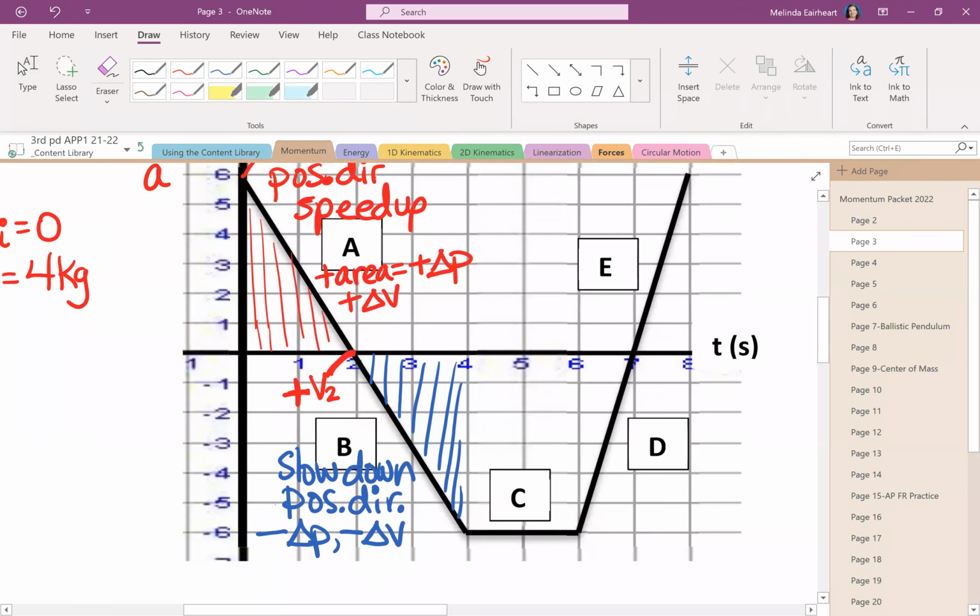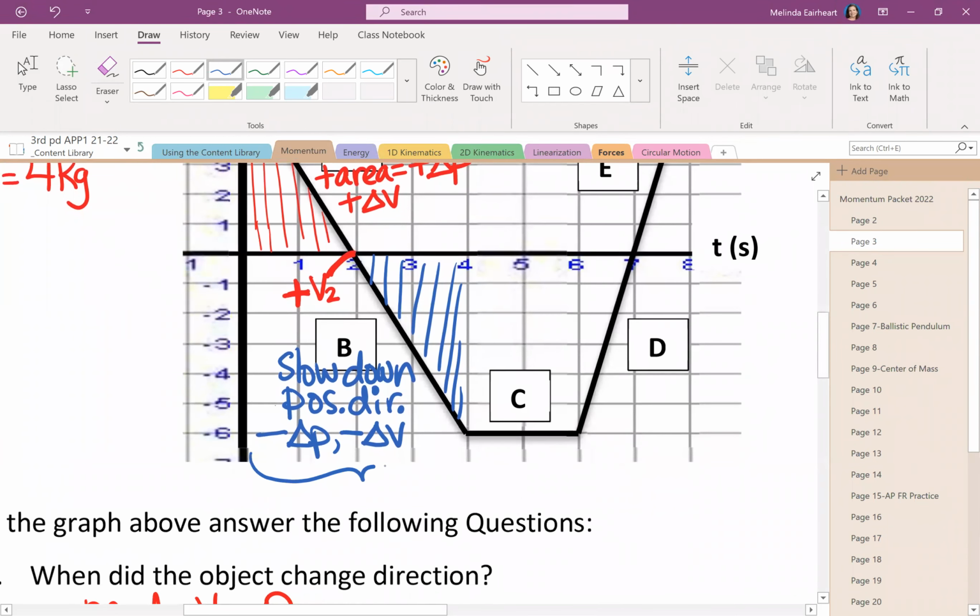And what's very nice about segment A and segment B's area? They're equal and opposite. And so here we have area symmetry. And we learned in the fall, it's been a while, but they're going to cancel out. So what's your final velocity at the end of 4 seconds? It's whatever it was when the symmetry began, right?